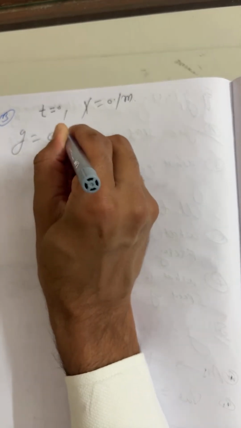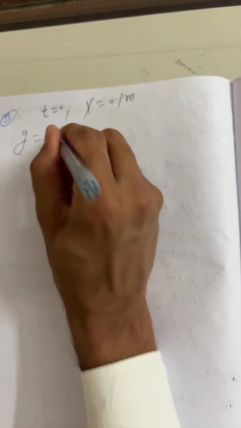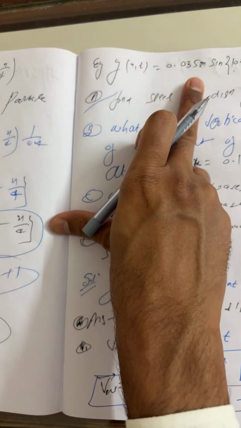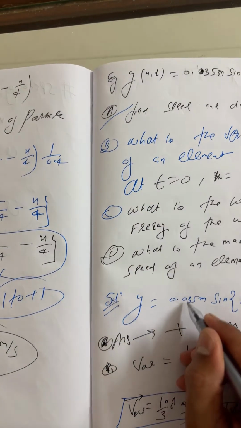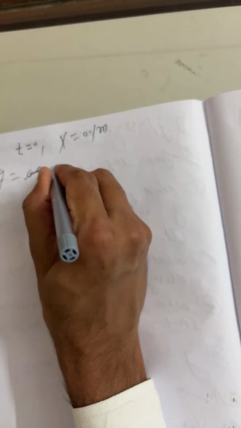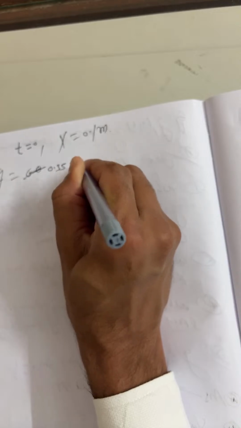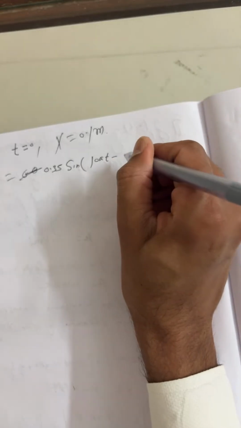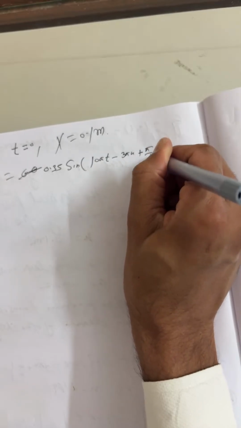Sorry, I wrote it wrongly here; it is 0.035, not 0.0335. So y equals 0.035 sine of (10 pi t minus 3 pi x plus pi by 4).